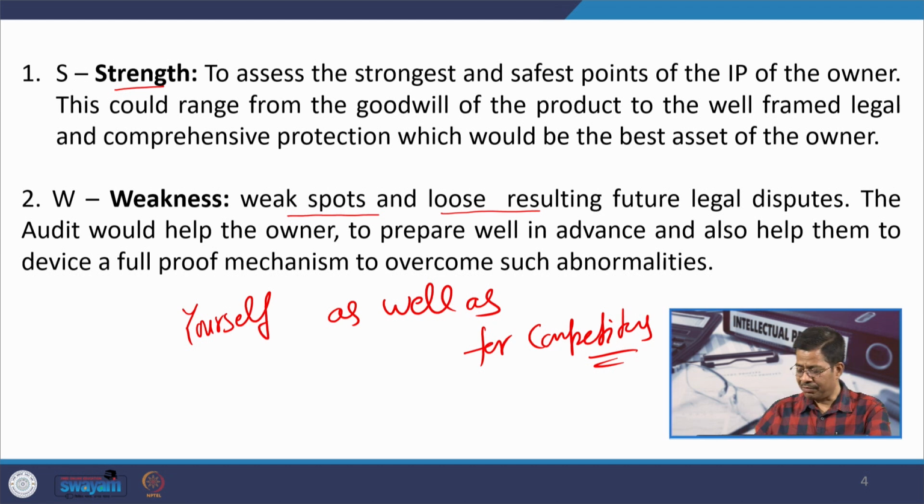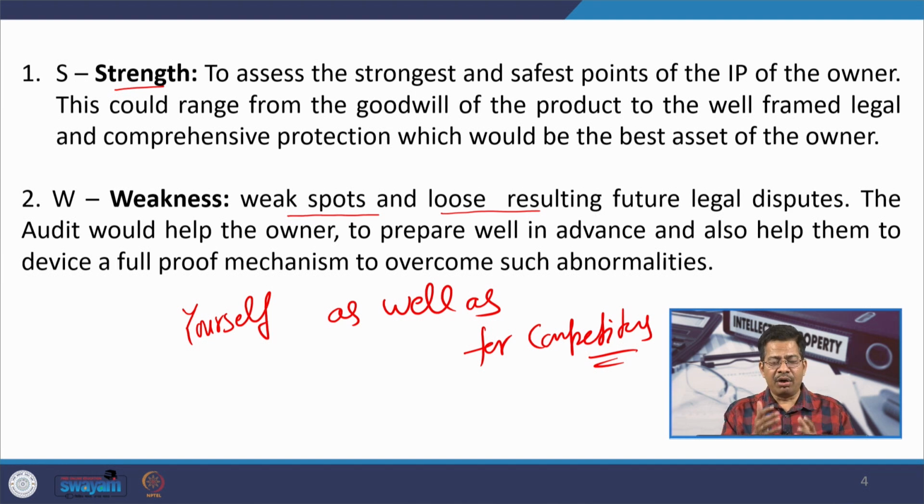There may be certain intellectual property which is properly protected and some which may not be properly protected, and that is also part of your IP portfolio. Knowledge which is not properly protected may be a weak spot, because somebody can copy it, somebody may use it without your permission and you will not be able to take any action.